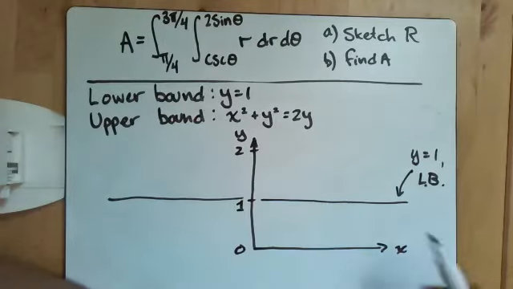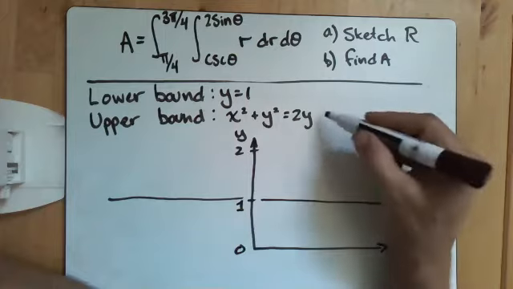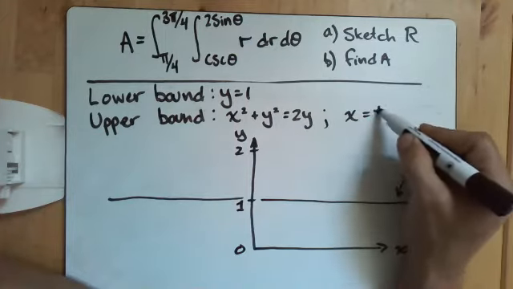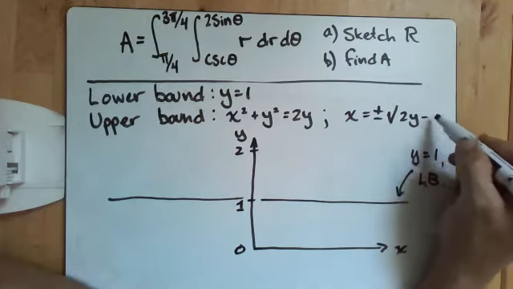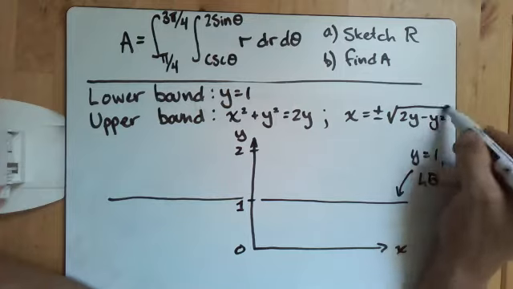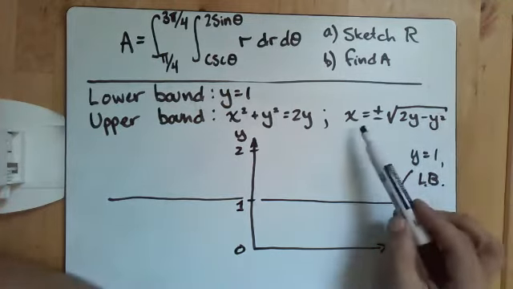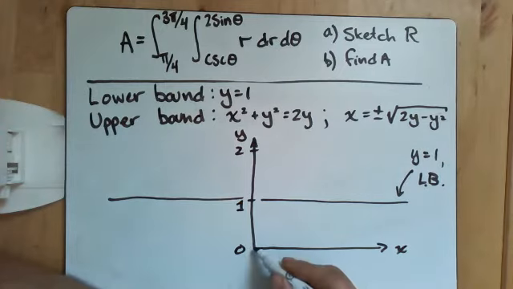For this, I'm going to rearrange it a little bit. It's easiest to solve for x, so I can write this as x equal to plus or minus the square root of 2y minus y squared. What you can see is that when x is equal to 0, this is satisfied either when y is 0 or y is equal to 2.